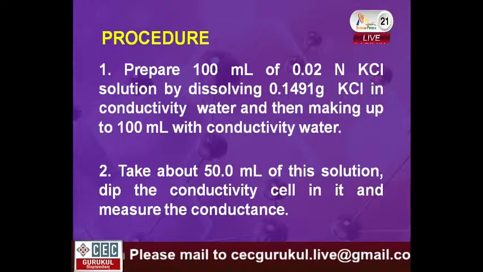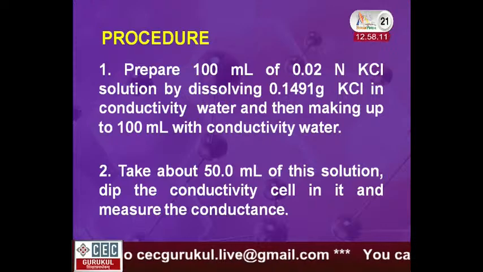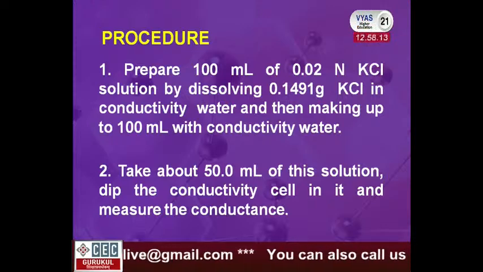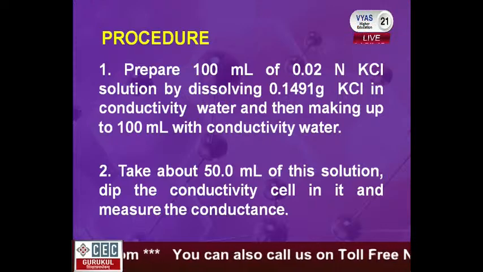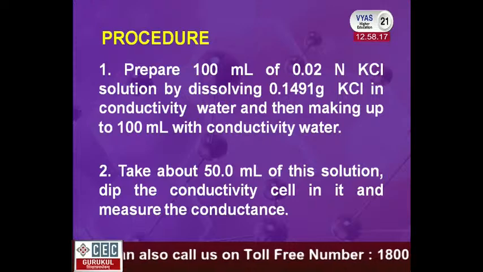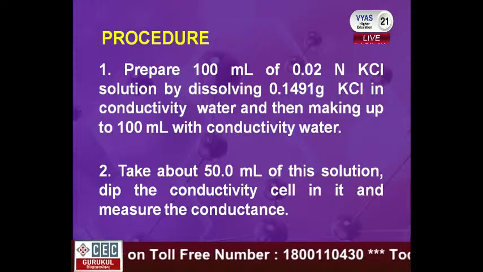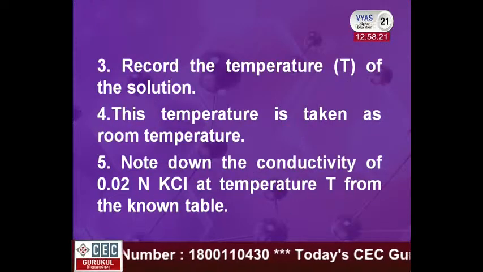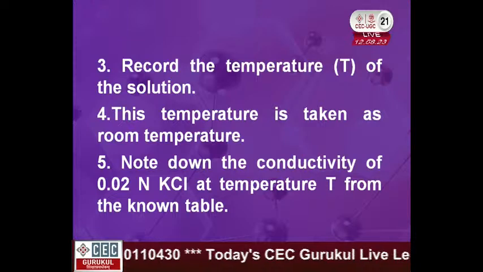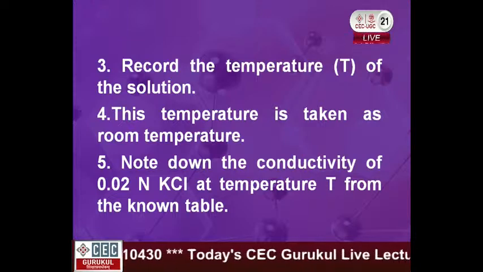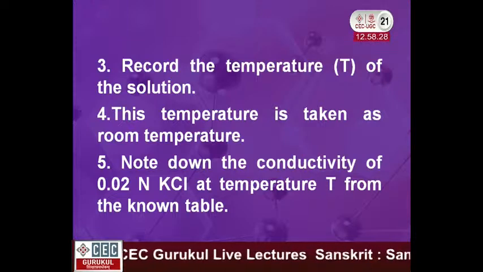Second, take about 50 ml of this solution, dip the conductivity cell in it and measure the conductance. Record the temperature of the solution. This temperature is taken as room temperature.